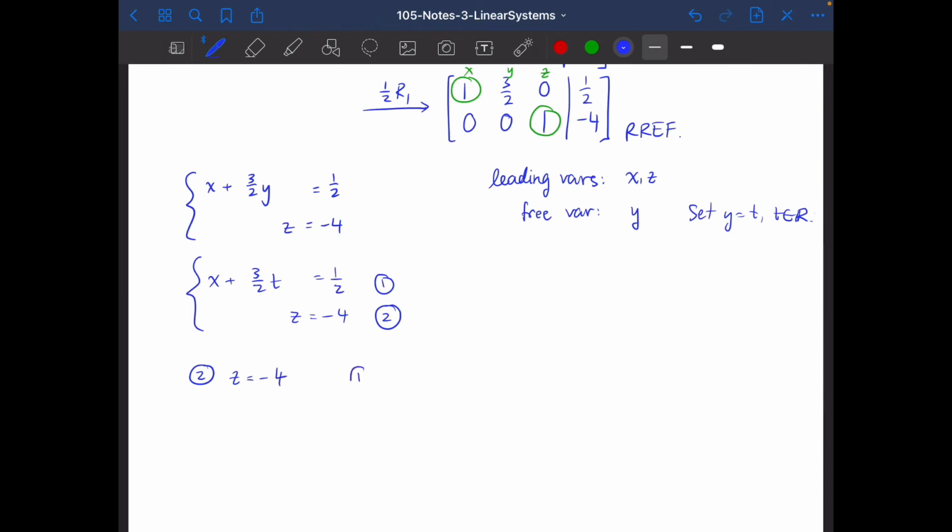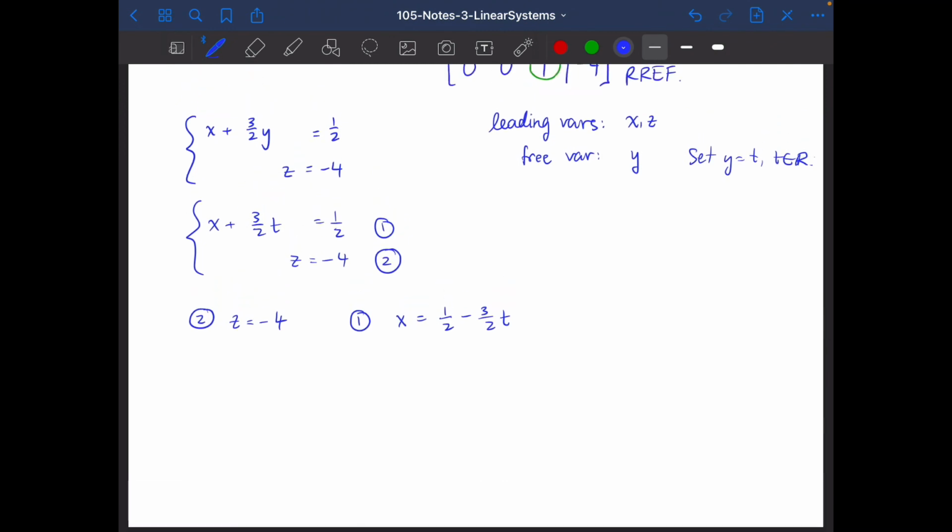The first equation gives me that x is equal to 1/2 minus 3 over 2 t. In this last back substitution step, I did not actually have to substitute equation 2 into equation 1. So reducing the augmented matrix all the way to reduced row echelon form simplified that last back substitution step.